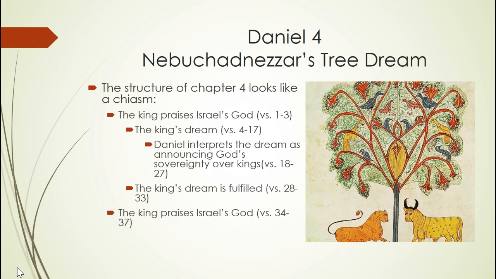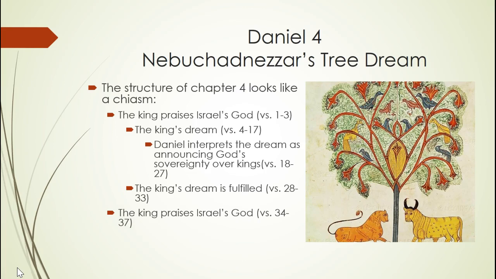And then A prime again has similar ideas, similar themes that were found in the first set of materials. This is what they call an A, B, C, B prime, A prime format. We see different kinds of chiasms in the biblical materials as well as non-biblical materials.